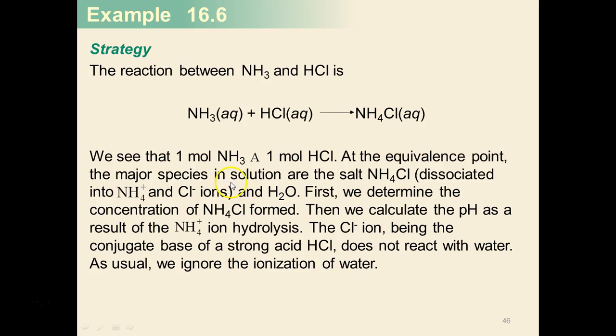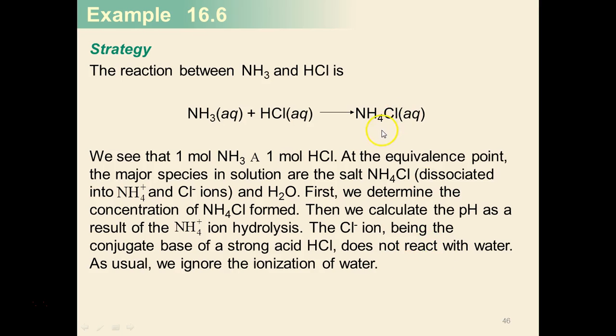Now, this will be important in later titrations, but for now, we know that there's a 1-to-1 equivalent. For every 1 mole of weak base, there's 1 mole of strong acid. So at the equivalence point, the major species in the solution are the salt, all right, the ammonium chloride, and water.